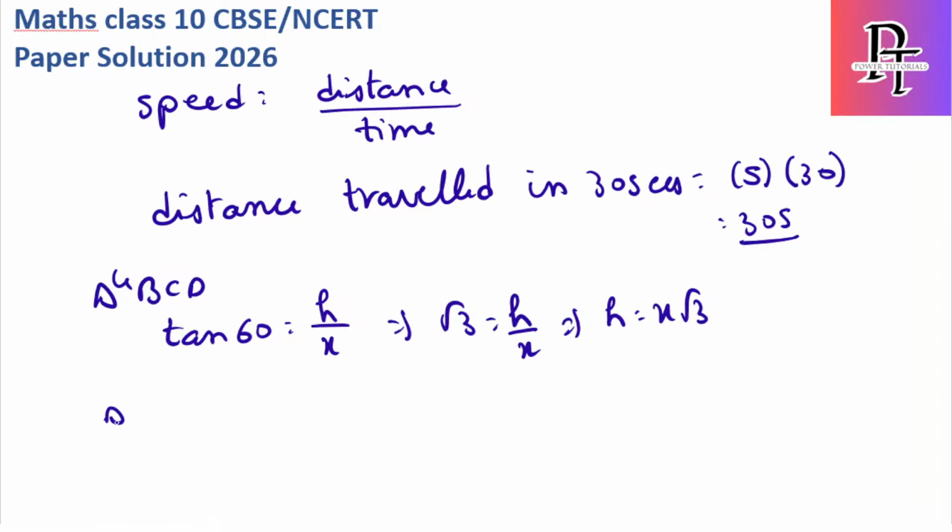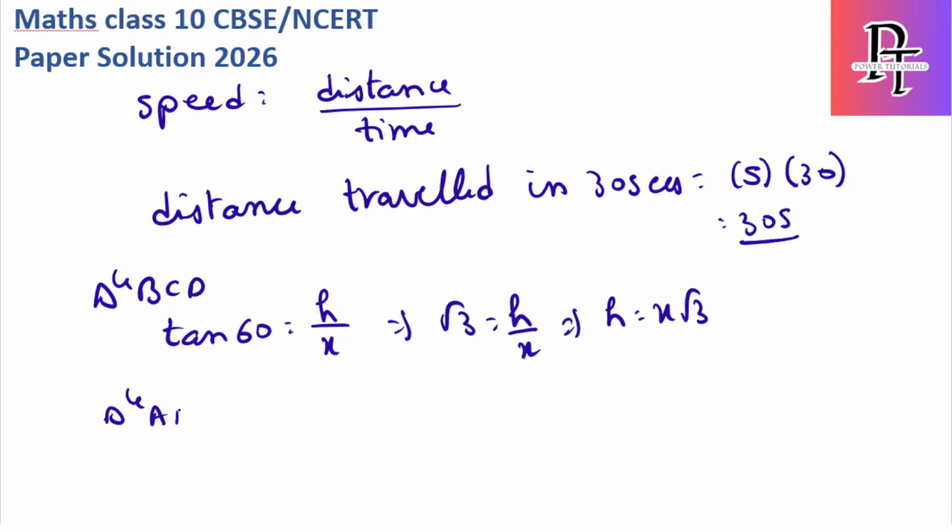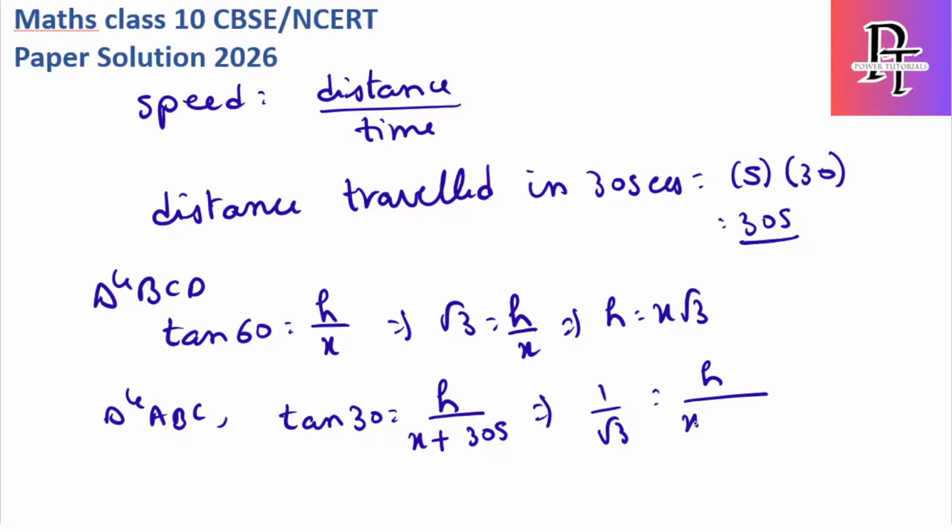What about the second triangle, the big one, which is ABC? Then tan 30 is equal to H by X plus the other distance, 30S, where S is speed. So tan 30 is 1 by root 3, equal to H by X plus 30S.